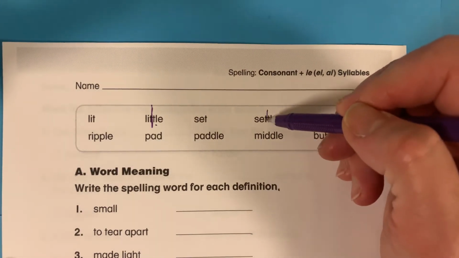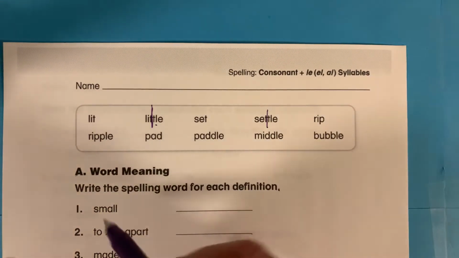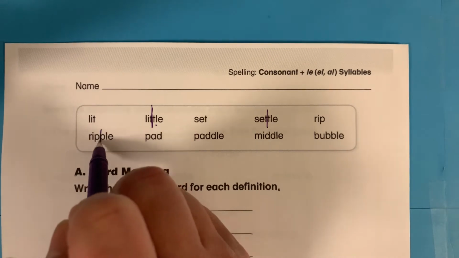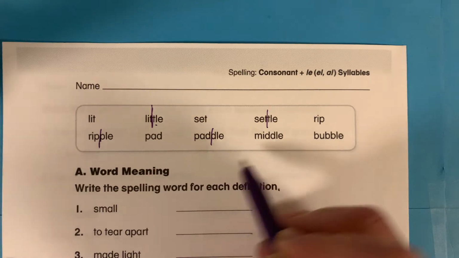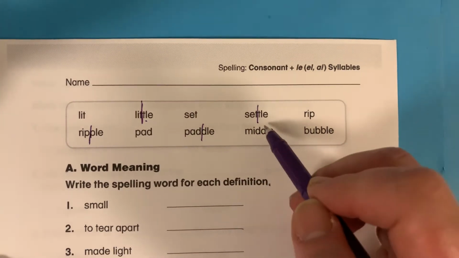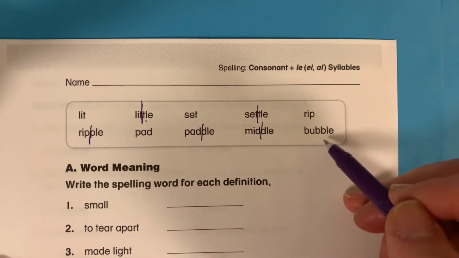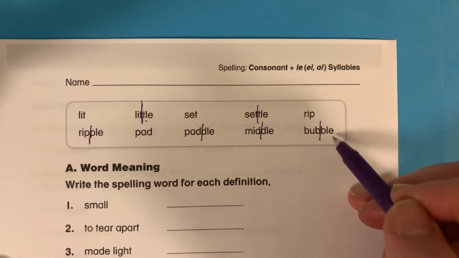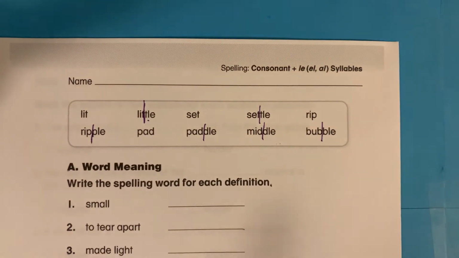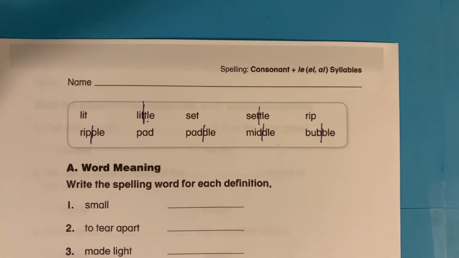Subtle, we keep that T. Ripple, we keep the P with the ul. Paddle, we keep the D with the ul. Middle, we keep the D with the ul. And bubble, we keep the B with the ul. All right, so that's if we were dividing it into syllables.